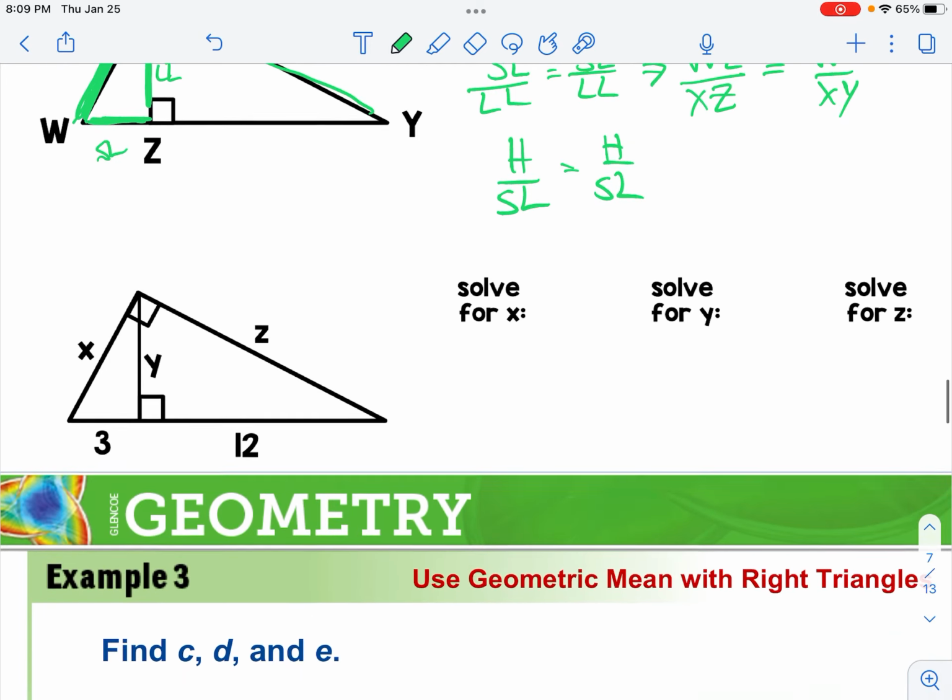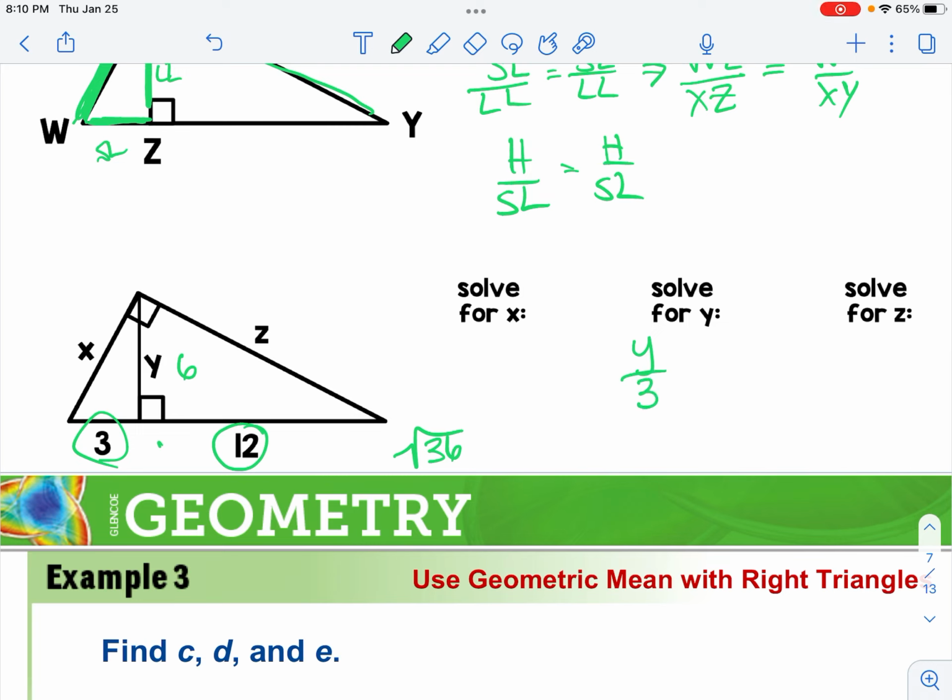So let's go ahead. We're going to do this first one together, finding the missing pieces. The easiest one for us to start with is the altitude, or the y, because we know how to find it with the geometric mean. It means I'm multiplying 3 times 12, which is 36, and the square root of 36 is 6. We use the geometric mean.